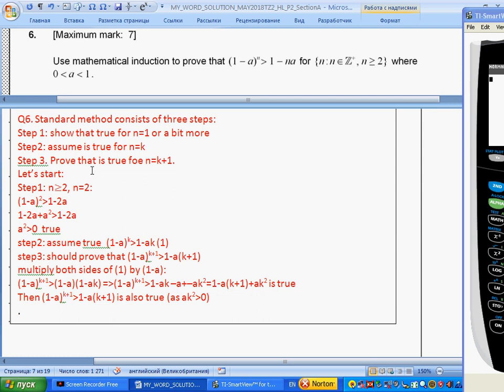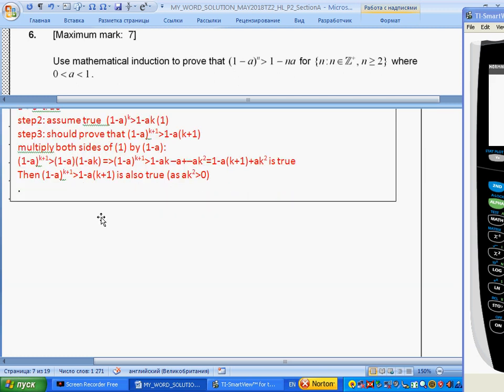Let's start. Because n should be more than or equal to 2, we take 2. After simplification, we get a squared is more than 0, which is true. Step 2. Assume that the following inequality is true. Let's call it 1. We should prove this inequality.